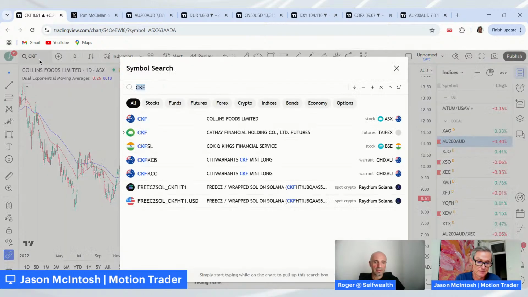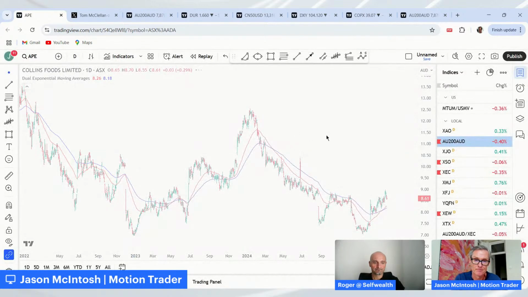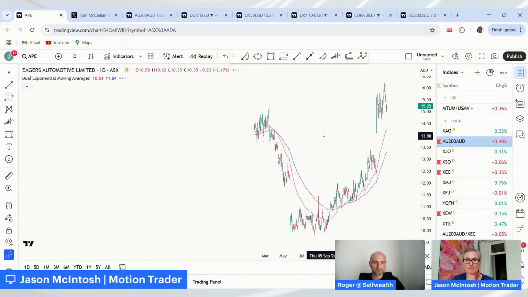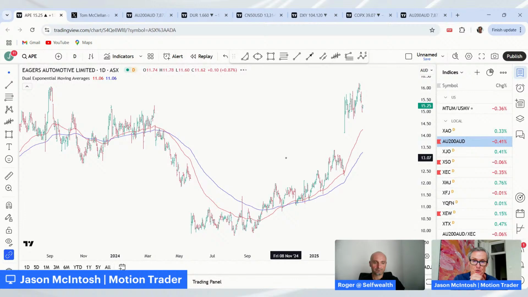Okay, last couple then. APE. Well, this is doing its own thing, isn't it? It's been trending above these rising moving averages. This is why, earlier in the show, we talked about that stock I recently bought.